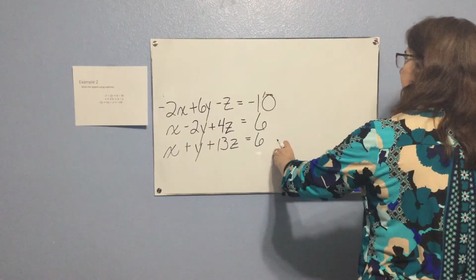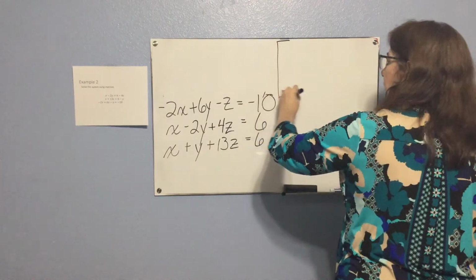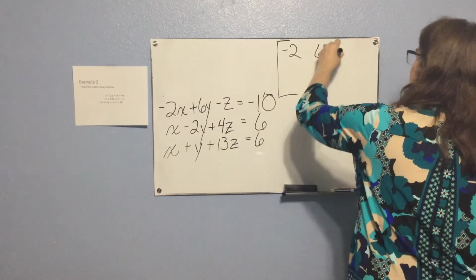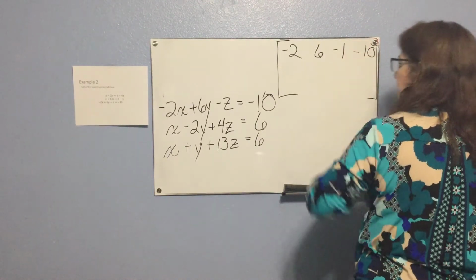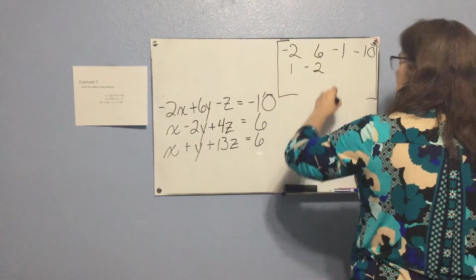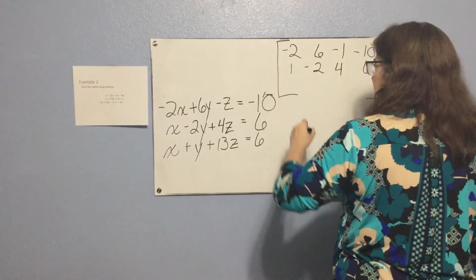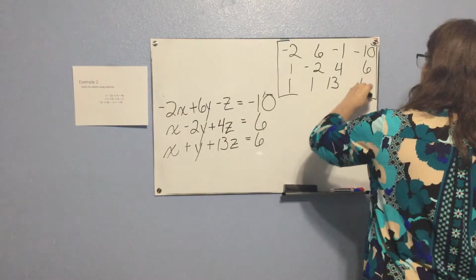Now we're going to convert this into an augmented matrix. Negative 2, 6, negative 1, negative 10, 1, negative 2, 4, and 6, 1, 1, 13, and 6.